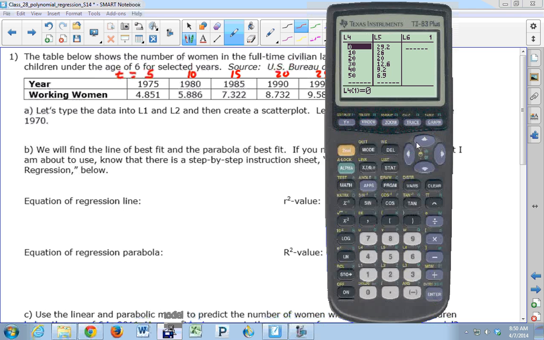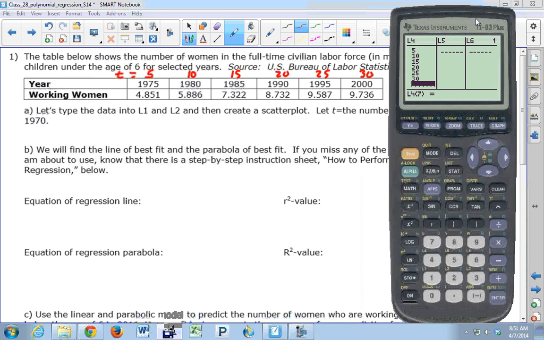To clear a list, I put my cursor up there, and don't ever hit delete, because you'll delete the whole list. Hit clear, enter. So if you want to clear out your data, that's all you do. Okay, so it's going to be 5, 10, 15, 20, 25, 30.